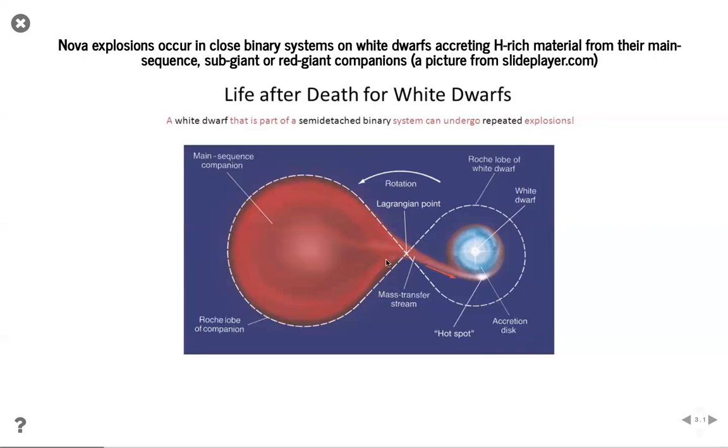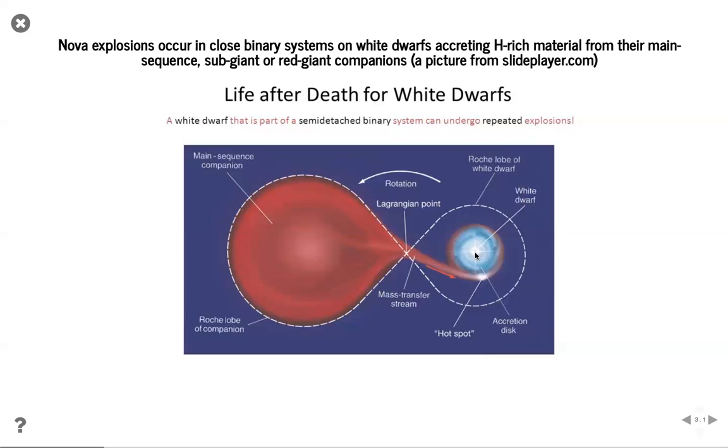So the net result of this interaction in the closed binary system is that the mass of the accreted, hydrogen-rich envelope, because this is a main sequence star, the mass of the hydrogen-rich envelope accreted by the white dwarf grows with time.